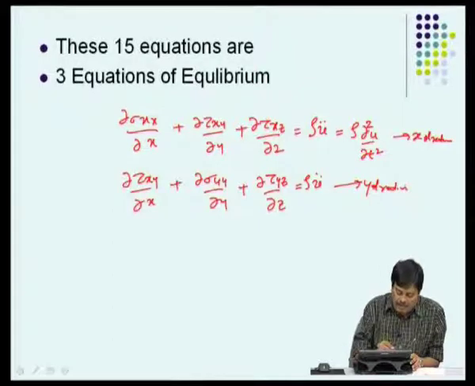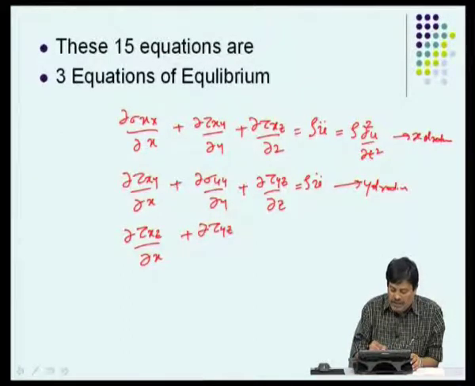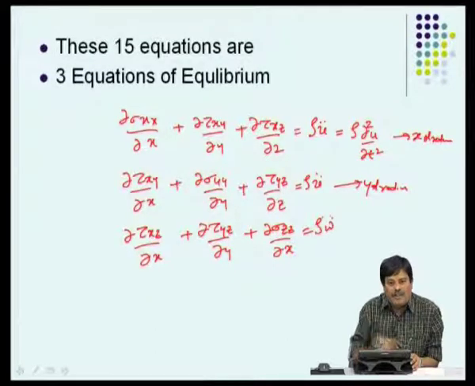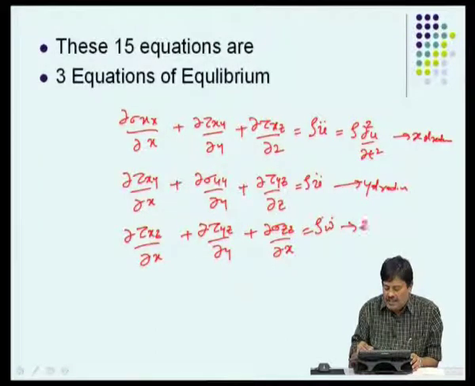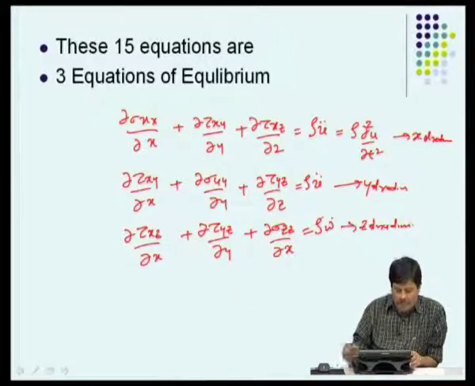And we have d tau xz by dx plus d tau yz by dy plus d sigma zz by dz, which is equal to rho into w double dot. This is the z direction equilibrium. So, these are the fundamental equations of equilibrium which we have to solve.